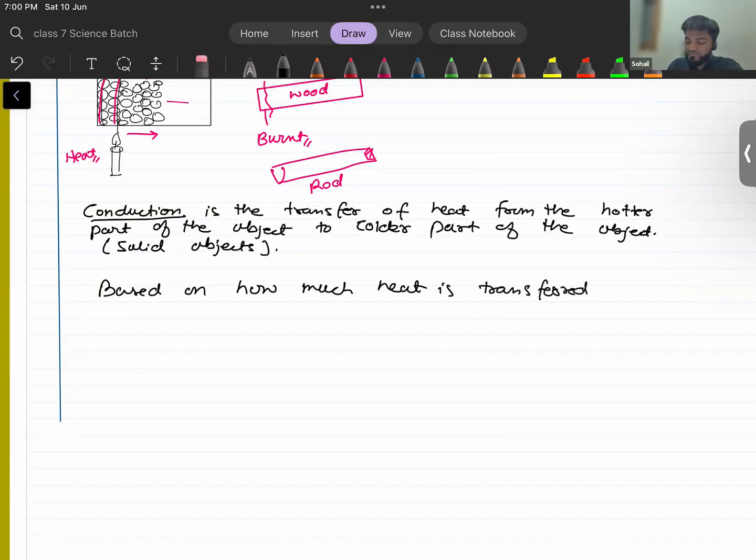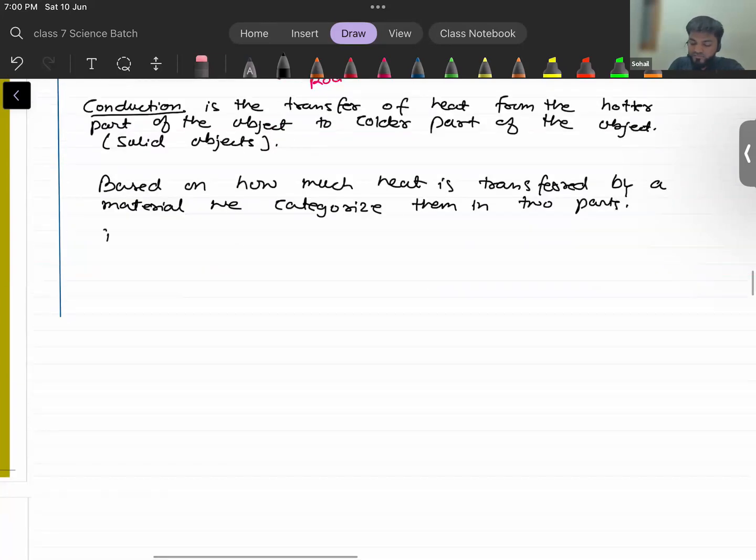What are they? Let's move fast. In two parts. So first one is the good conductor.